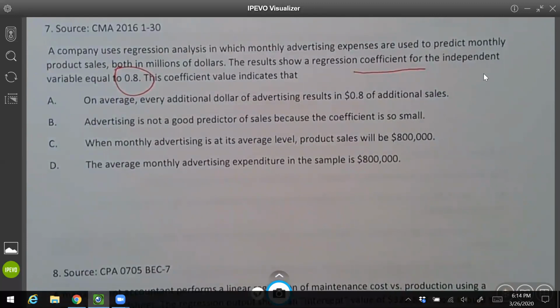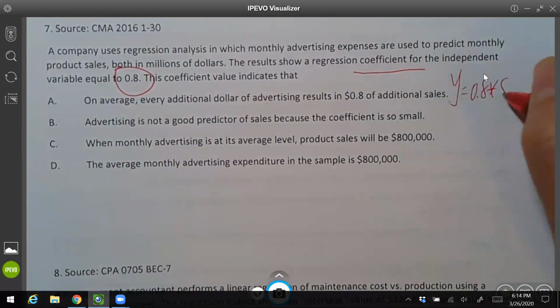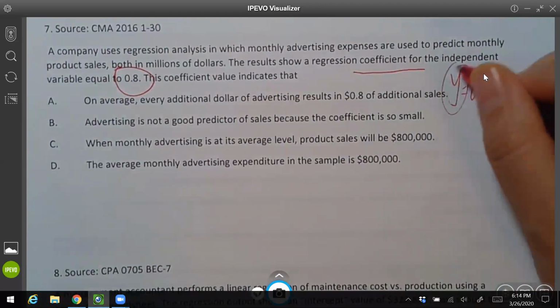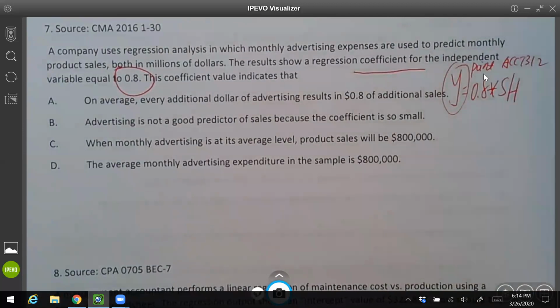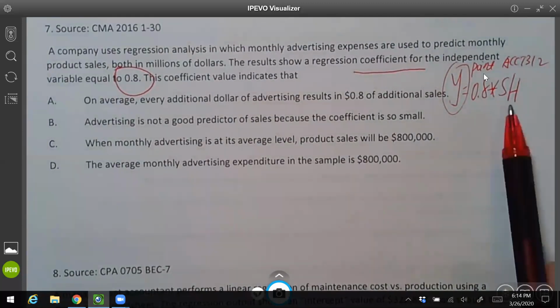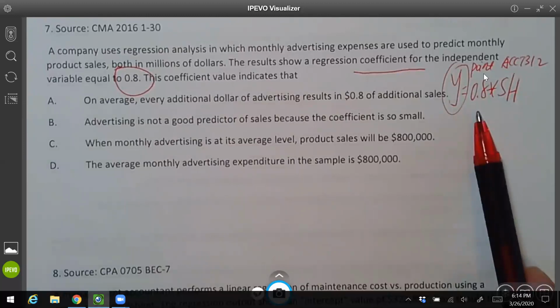Let's say, I make up a number, y equals 0.8 times your study hours, and y is the total points for your accounting 312 class. Whenever you study 1 more extra hour, your predicted points will increase by 0.8 points. I know it's not really encouraging, but I just made up this number.